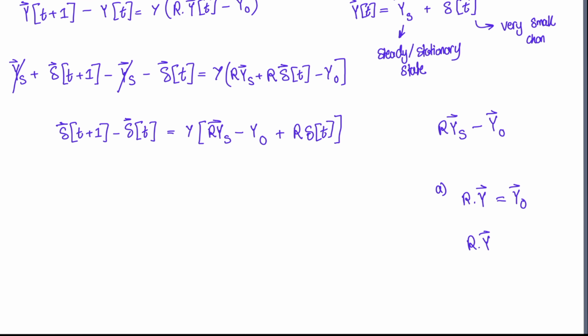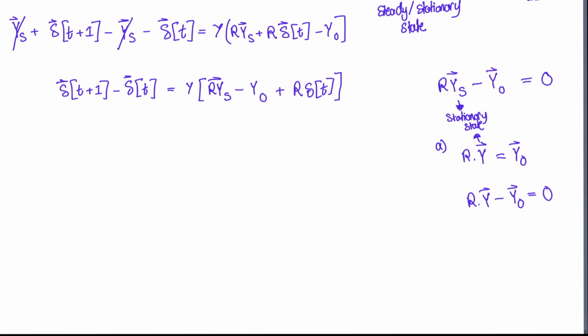If we now move y naught to the other side, we get this is equal to 0, hence this is also equal to 0. The stationary state is the exact same as our equilibrium outcome, hence why these two are the exact same thing. So we know that this turns into a 0. Now we're left with delta t plus 1 minus delta t is equal to gamma r delta t.